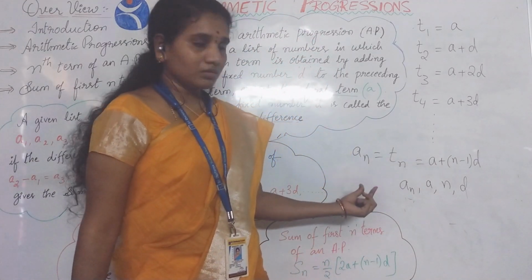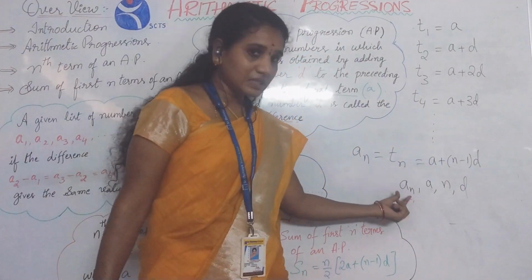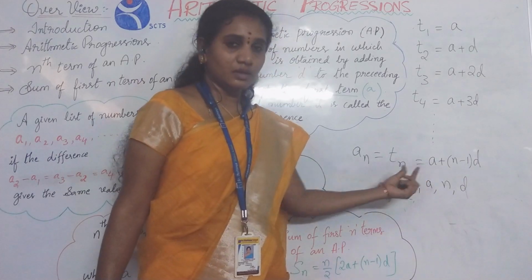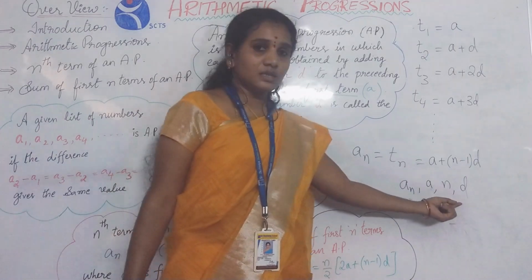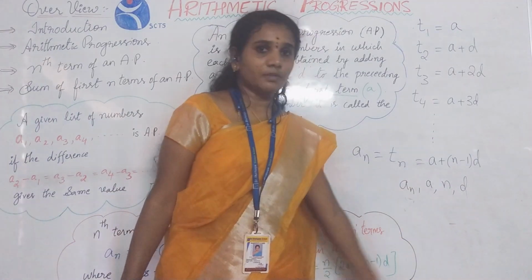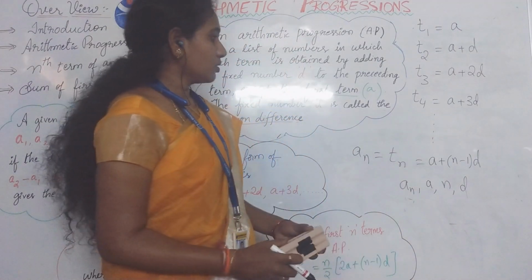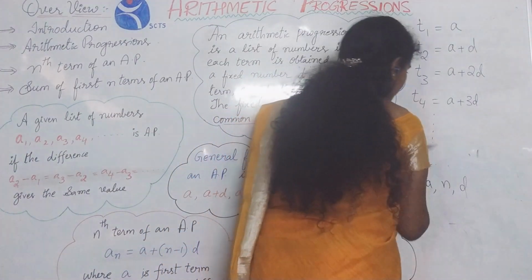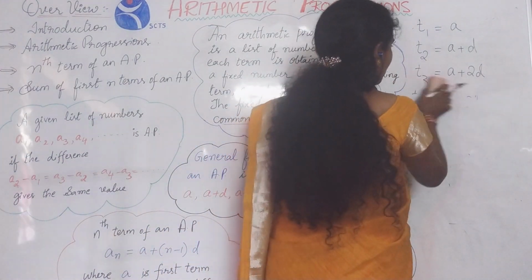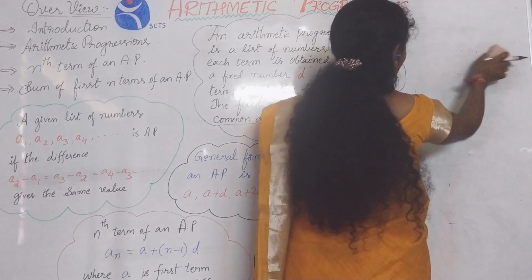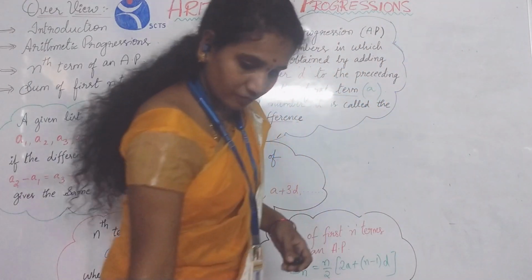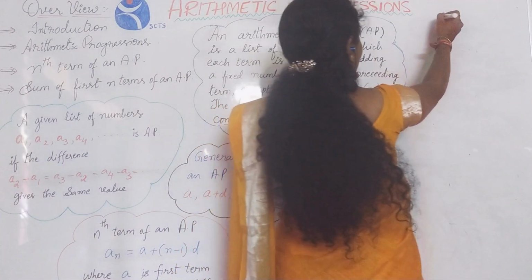So what is important here is you have to know what is an, what is a, what is n and d. An is the nth term, a is the first term, n is the number of terms, and d is the common difference. This is about the nth term of an AP. Now, as you all understood, d is the common difference. Now, let us see if d is greater than 0.